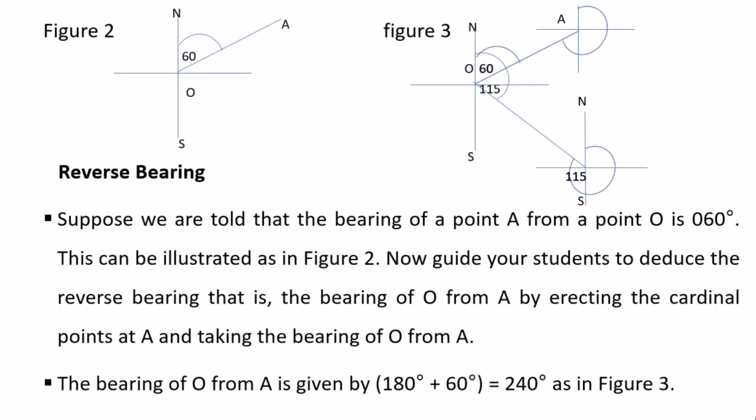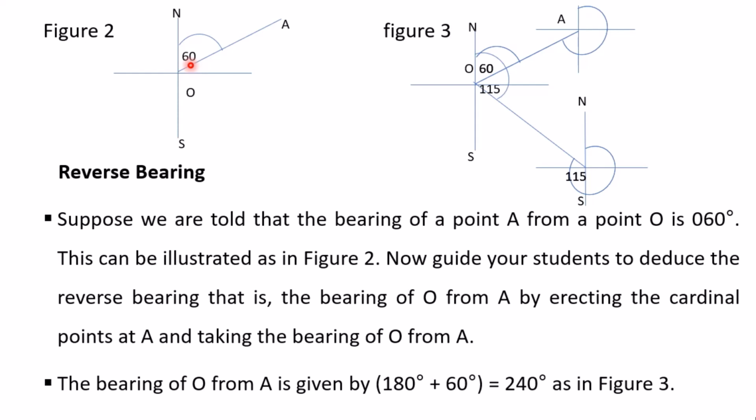Now let's take another look at another diagram. We have 2 diagrams again, figure 2 and figure 3. And this is what we call reverse bearing or back bearing. So suppose you are told to find the bearing of a point A from a point O, and that bearing gave us 60 as shown in figure 2.